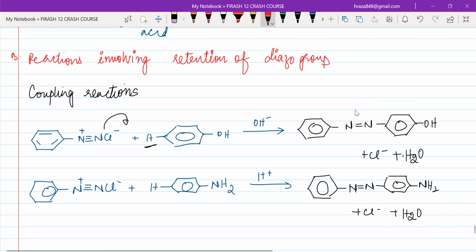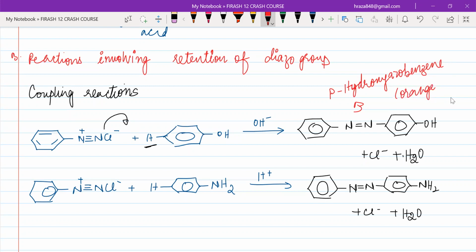And this is basically its name, p-hydroxy azobenzene, which is an orange dye.